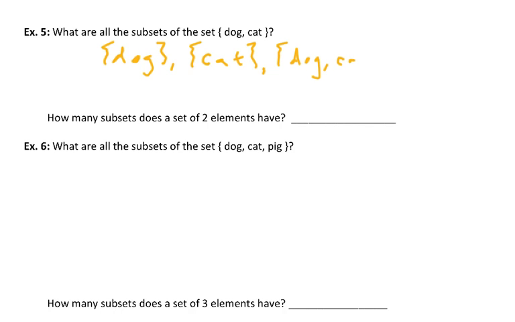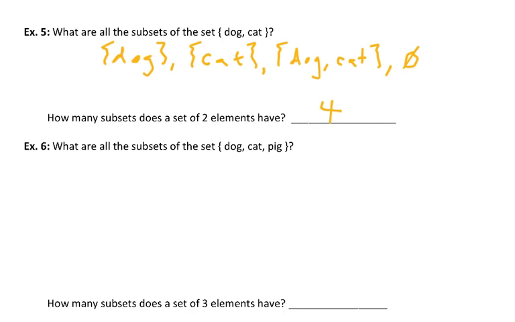So {dog, cat} is a subset of {dog, cat}. Notice I didn't say proper subset. And so you might say, okay, I think that's it. Looks like there are 3 subsets of the set {dog, cat}, but there's one more. Remember that the empty set is a subset of every set. So as it turns out, this is a good example of a set with 2 elements, and it will have 4 subsets.